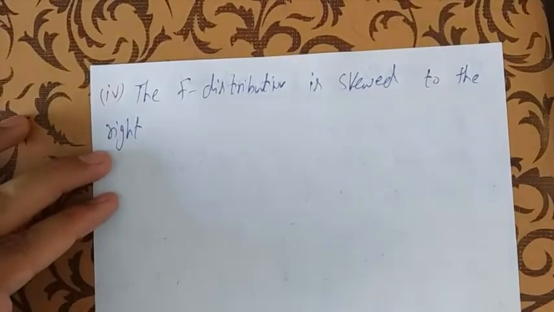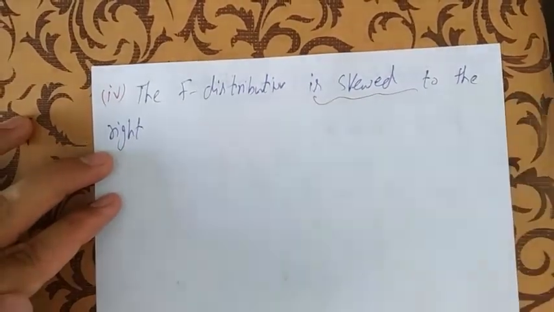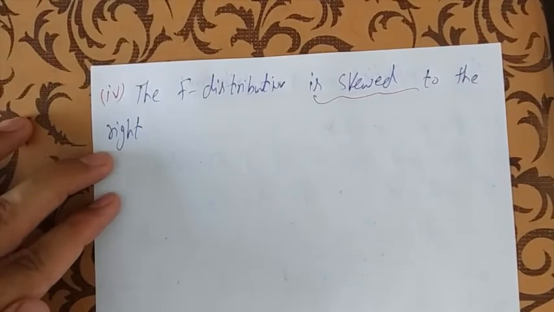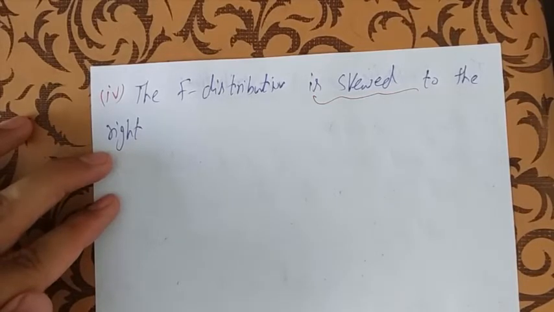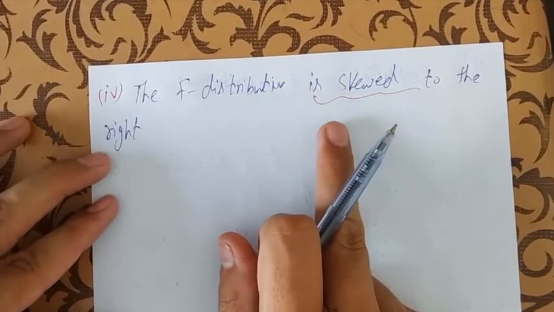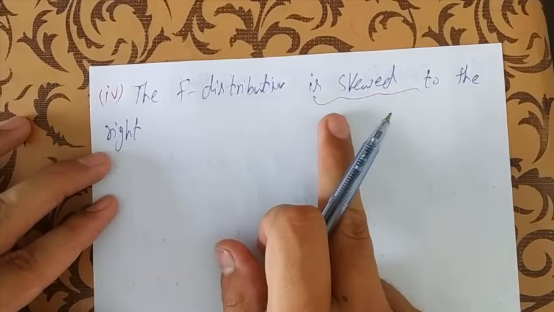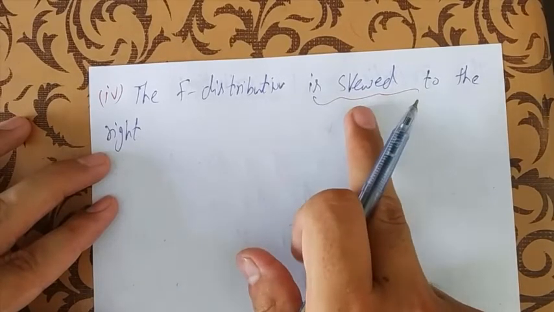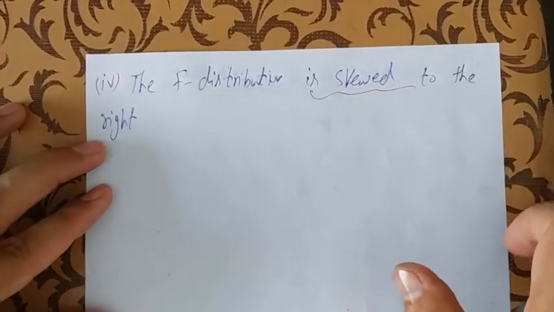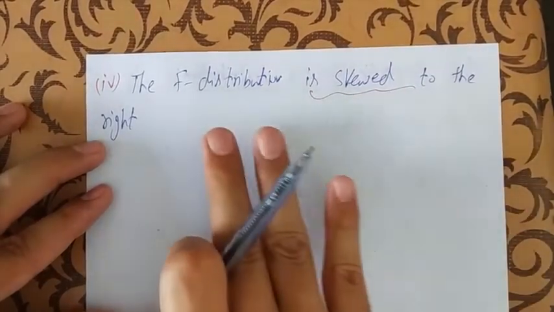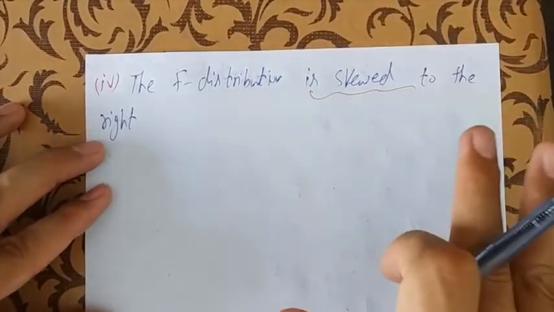Students, this terminology you already know from the second and third semester. If you have any problem about skewed, ask in the comment box. Otherwise this is a separate topic, but you know the F distribution is skewed to the right.